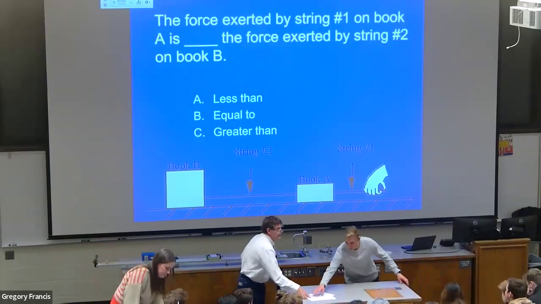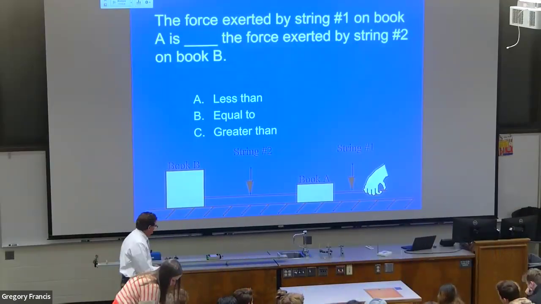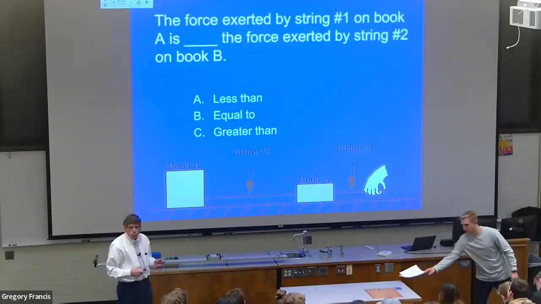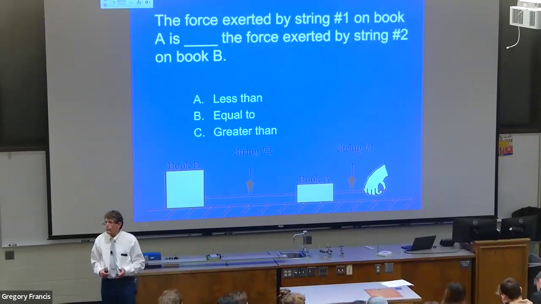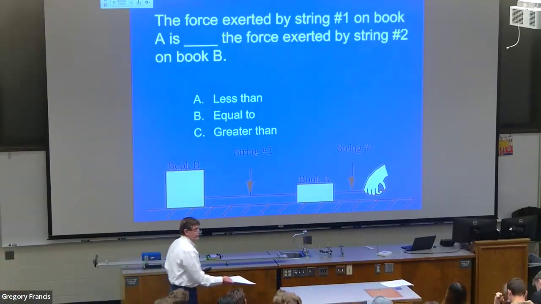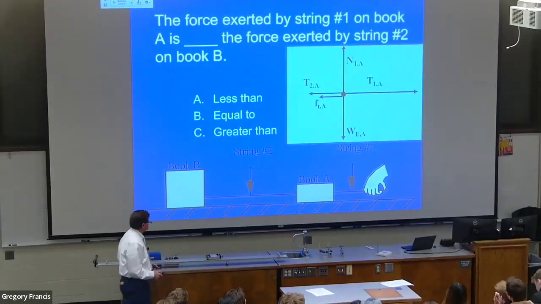And those people who did not get it right did not. So if we want to compare the tension in string 1 to the tension in string 2, one thing to try would be to draw a free body diagram of something that is being acted on by both of those strings. And that's going to be book A.